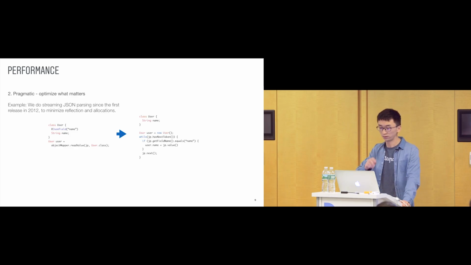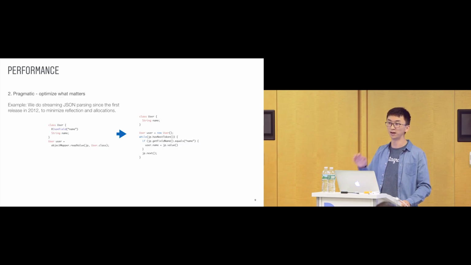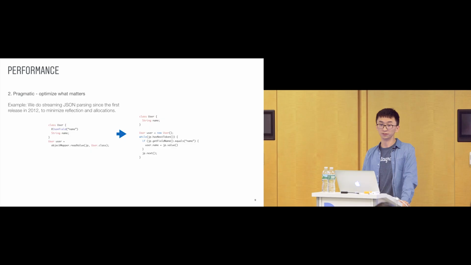The streaming parser code looks slightly different. It's more like a huge while loop where you iterate through all the possibilities for a token and try to find the proper field for it in the model class. This avoids the reflection, this avoids the allocation, and it works really well.